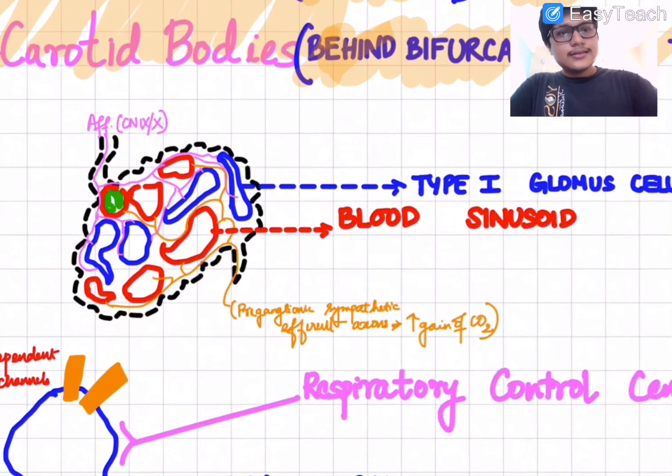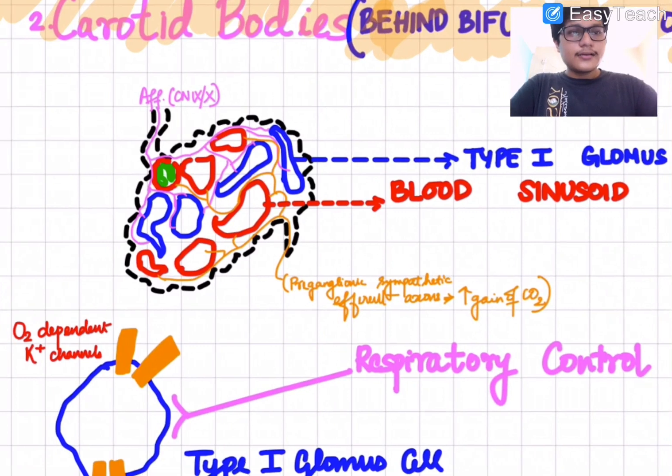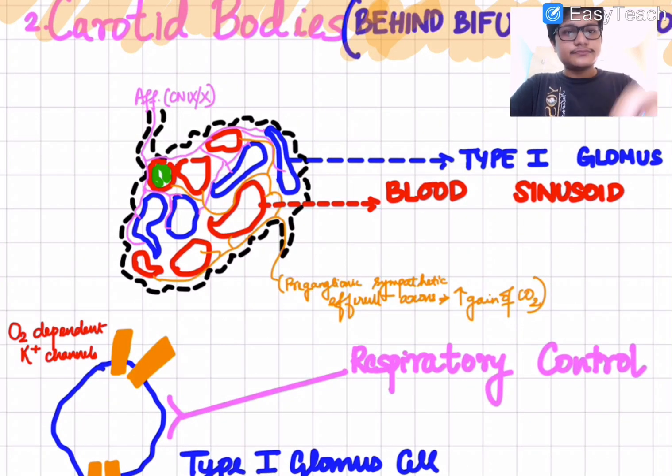So this is the ultrastructure of a chemoreceptor. These red zones are your blood sinuses, and these blue zones are something known as the type 1 glomus cells. And there is this afferent supply and sympathetic efferent axons.